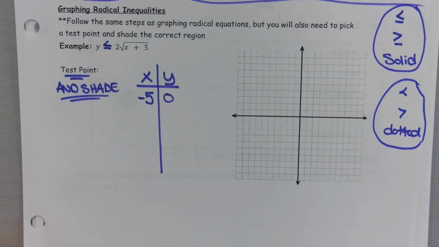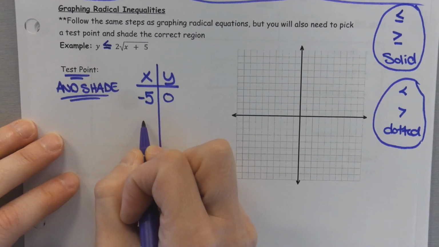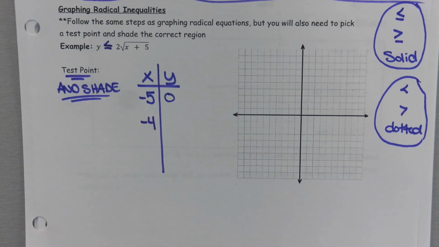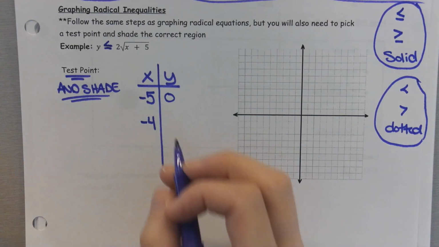So many zeros. Okay. Then I got to go up from there. I can't go down because going down will get me into negative land and imaginaries. I'm going to pick -4. So this is one that I won't give up on and get decimals like I did on the homework. Do you see how if I do -4 plus 5, that'll give me 1? And that's a nice one, right? What do we know the square root of 1 is?